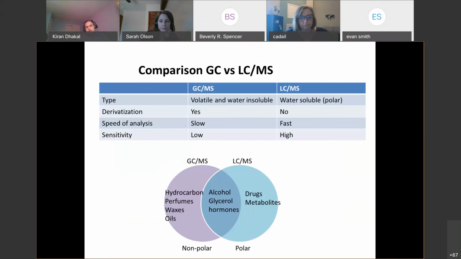So a general comparison between GC versus LCMS. GCMS is an old technology. It is basically used for volatile and water insoluble molecules, for example, hydrocarbons, perfumes, waxes, and oils. LCMS is used for water soluble compounds, for example, drugs and drug metabolites.